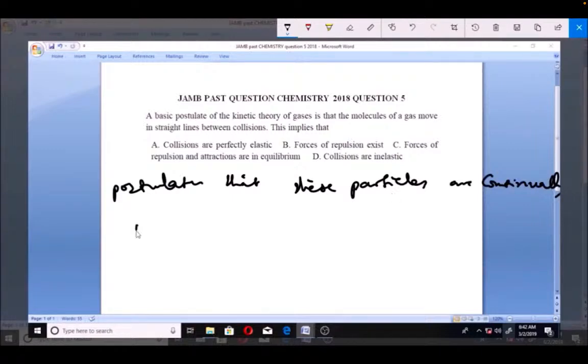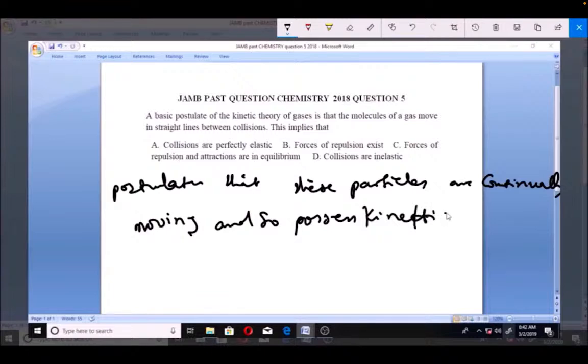The particles of the gases are continually moving, and therefore they possess kinetic energy. So that is the postulate. According to the assumption of kinetic theory of gases, they actually move in a straight line between collisions.